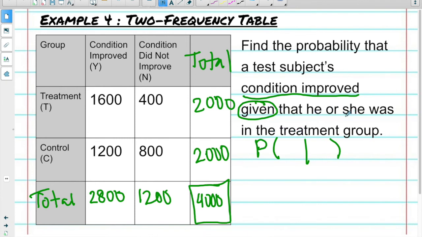So given that he or she was in the treatment group, that's going to go over here after the little bar, which is our T. Okay, given that they were in the treatment group, that's a T. The probability that the condition improved is right here. That's our Y. Okay, that's our Y. So we need to solve, that's what it's asking us for, so we need to fill in the rest of our information accordingly.